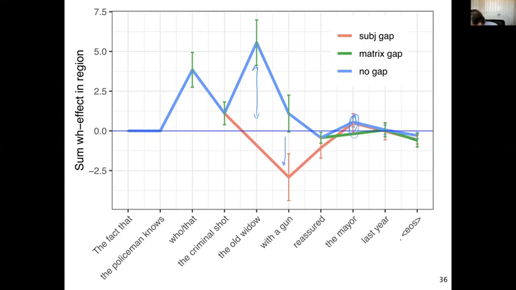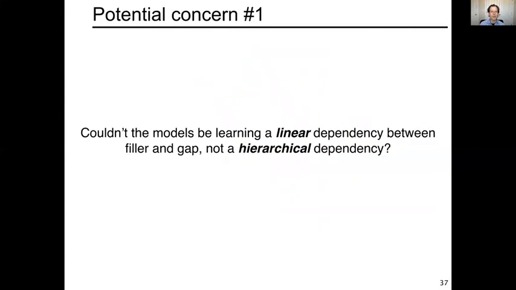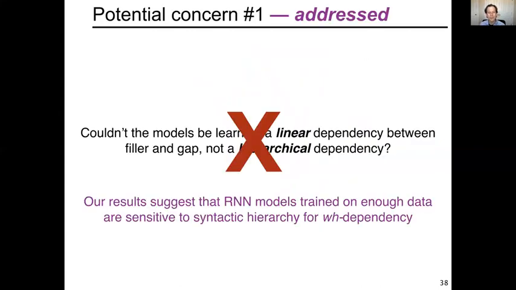So there's almost no effect here. And then finally, there's no skipping over the filled gap effect here in the main clause. So that's actually great. So we've actually ruled this out because we've shown that RNN models that are trained on enough data are sensitive to syntactic hierarchy for WH dependencies.